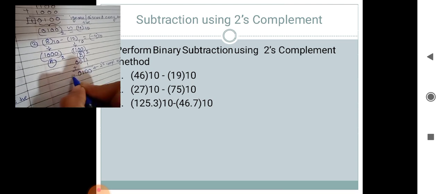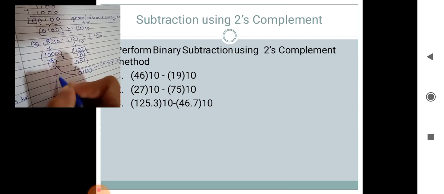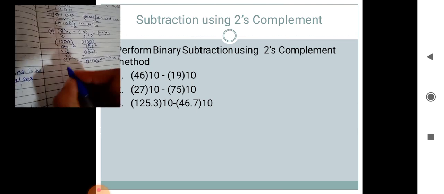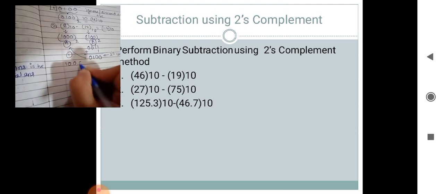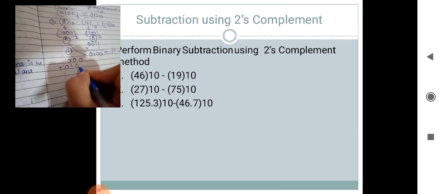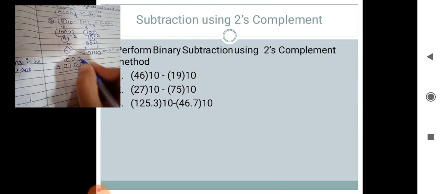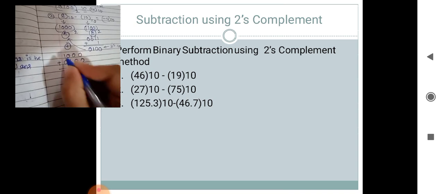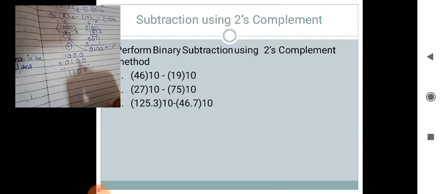Now we will add this 2's complement with A, the first number. So 1 0 0 0 plus 0 1 0 0. 0 plus 0 is 0, 0 plus 0 is 0, 0 plus 1 is 1, 1 plus 0 is 1.